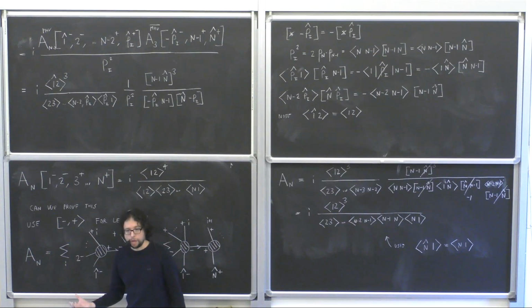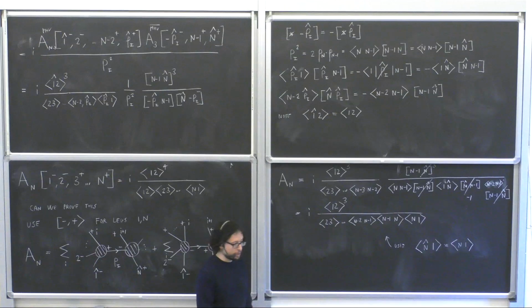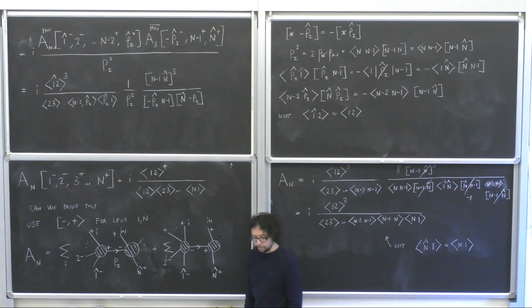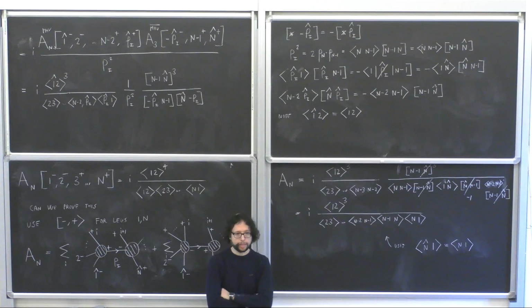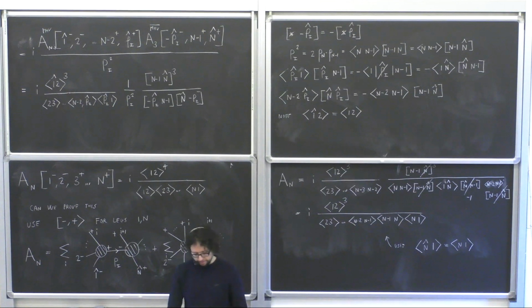These are the simplest ones, which allow me to illustrate the general features of these methods, but for example, some authors resort to all-leg shifts. If you want to read a little bit more about all-leg shifts, I would recommend Clifford Cheung's TASI lectures on amplitudes, where you have a very pedagogical introduction to also more general shifts. Okay.